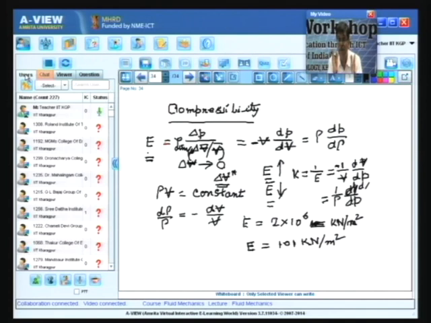This is because if you consider the density in the flow remains constant, but density can never remain constant if there is a pressure drop delta P. This is because the value of the bulk modulus of elasticity cannot be infinity. Similarly, the value of the compressibility cannot be 0, so that dV and d rho do not become 0.